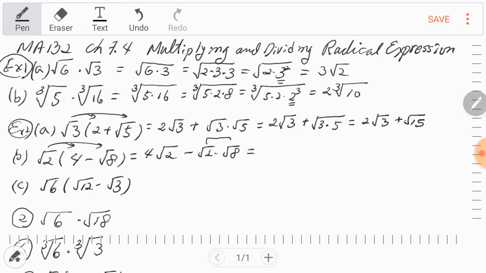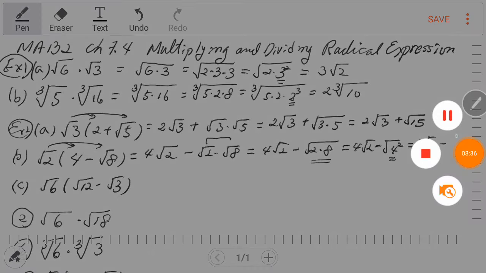Since this is a product, we can put 2 and 8 together: 2 times 8 is 16, and 16 is 4 squared. So that this 4 gets out of the square root. So that is 4.